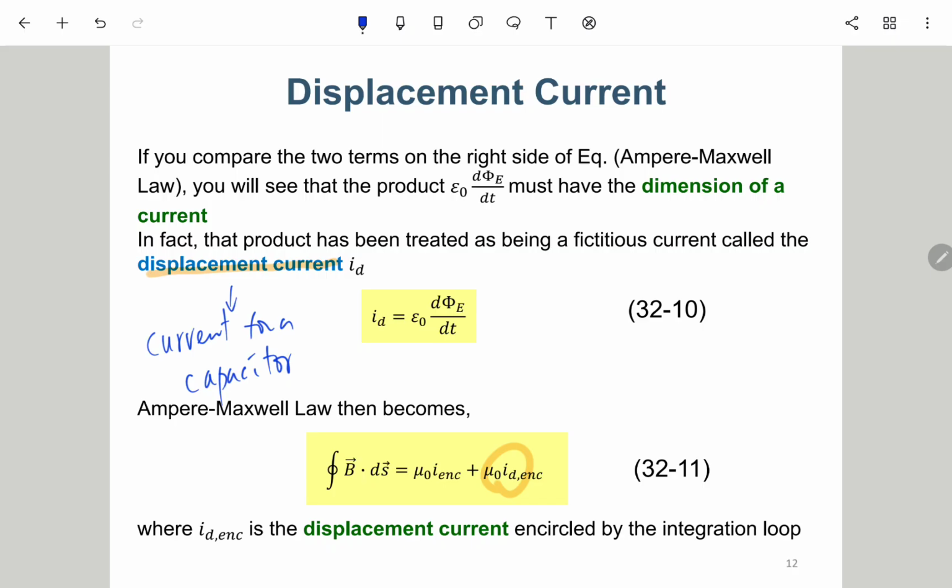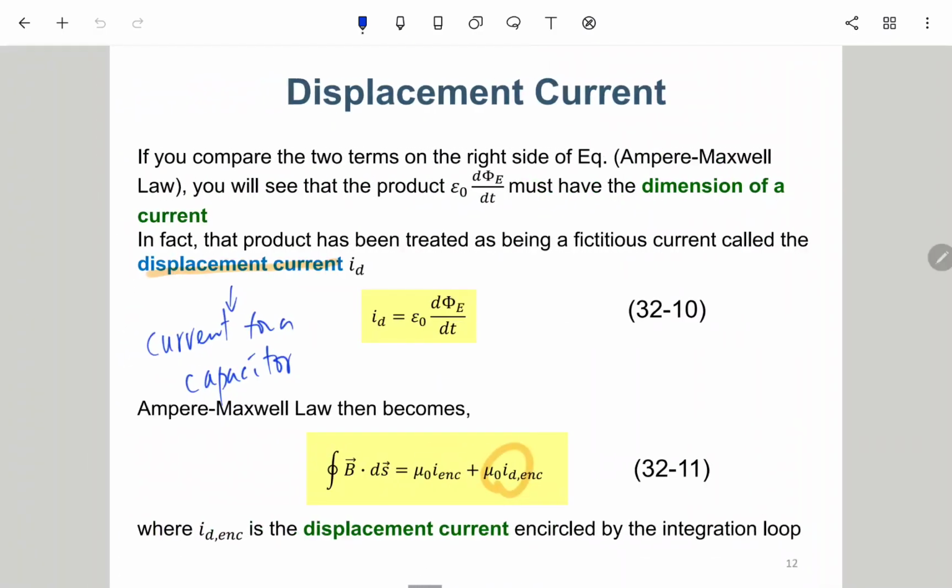So there is no electron going through the vacuum, or something in between. Maybe there could be some other material inside, such as a dielectric, as we learned in chapter 25, but the free electrons cannot really go through. So here we just call it the displacement current.